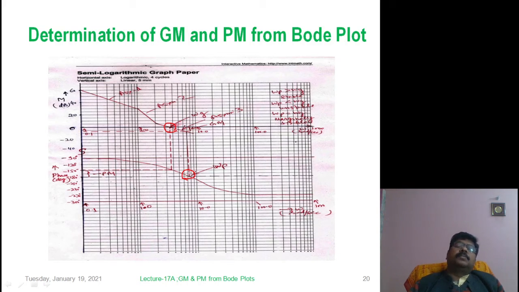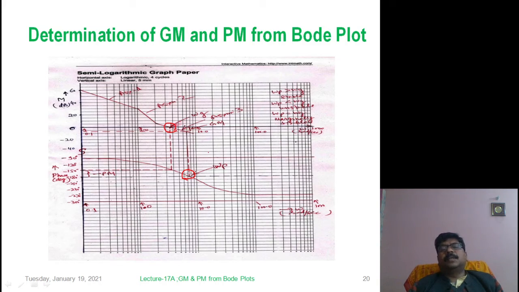Normally you will find that when omega p is greater than omega g, meaning phase crossover frequency is greater than gain crossover frequency, the system is stable. When phase crossover frequency is less than gain crossover frequency, it is unstable. When phase crossover frequency is equal to gain crossover frequency, the system is marginally stable.